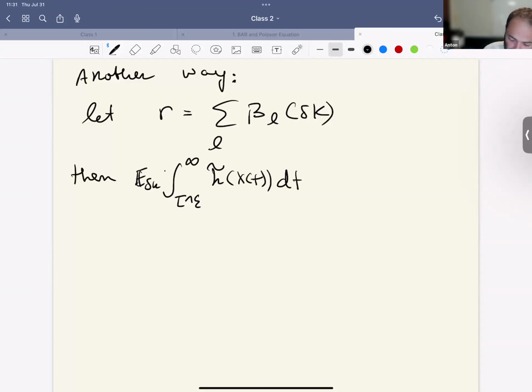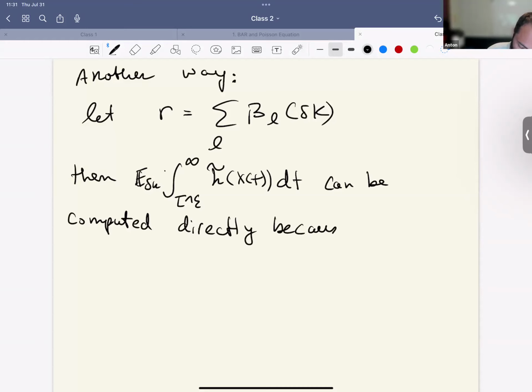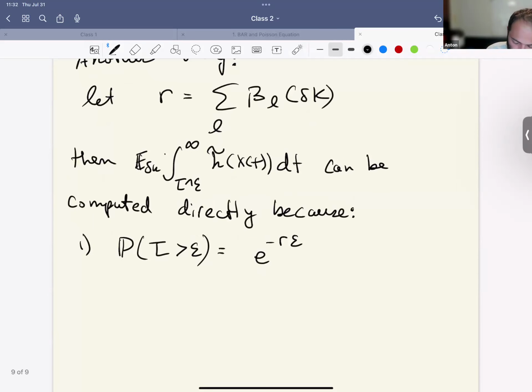This can be analyzed directly because, number one, the probability that the jump happens after time epsilon. Well, how much time does the Markov chain spend at its initial state? This is just an exponentially distributed amount with rate R. And this probability is the tail of the exponential distribution.